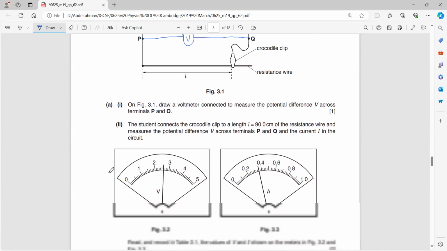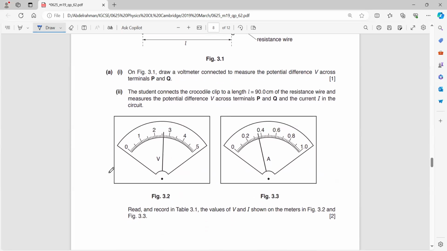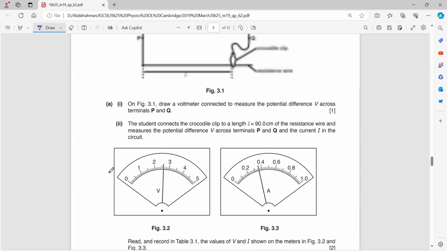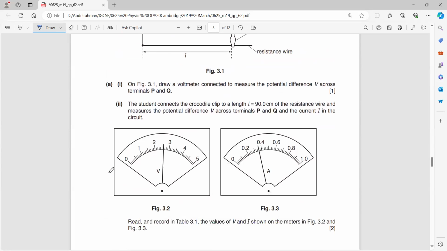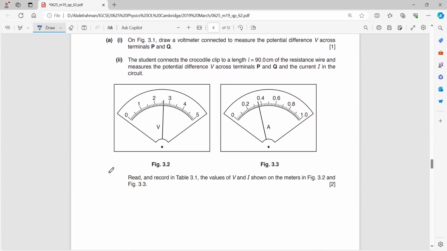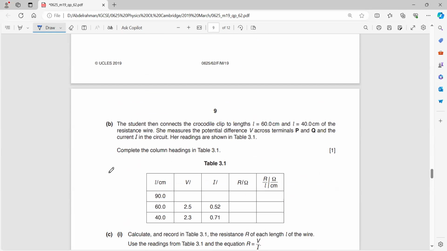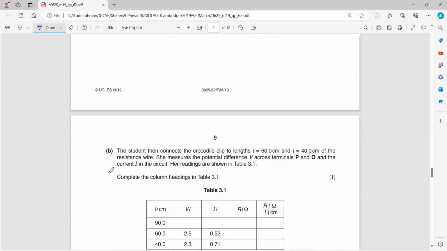The student connects the crocodile clip at a length of 90 centimeters. Can I take the measurement of the voltage and the current and record them in the table? Yes, I can do that.